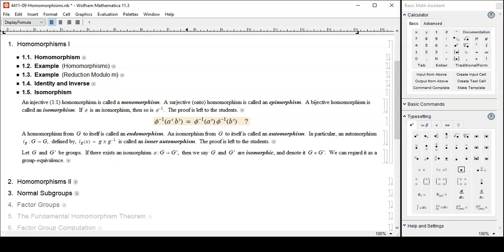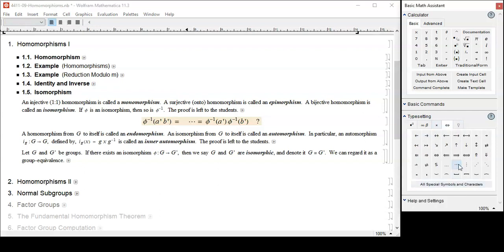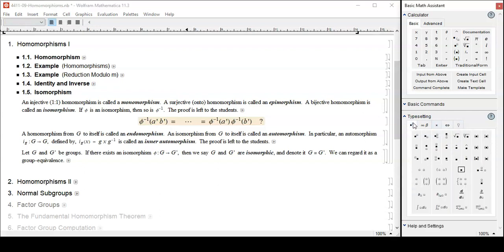By the way, phi is sending G to G prime, so phi inverse is going backward, G prime to G, so the primes came inside. So basically, that's what you have to prove, I guess. So that's what you have to fill in. How do you do that? Looks like that's going to be your challenge. Okay, the proof is left to the students.